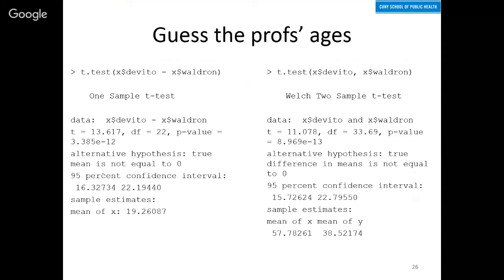It is paired because it's the same person making two guesses, so they're not exactly independent guesses. It is unclear though as to whether there is any tendency for someone to overall guess higher ages or lower ages.